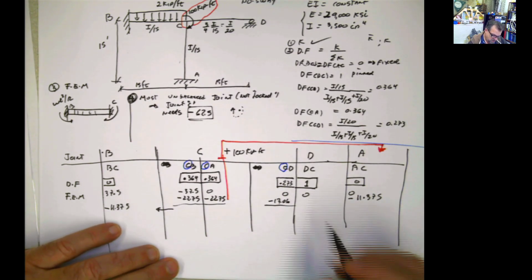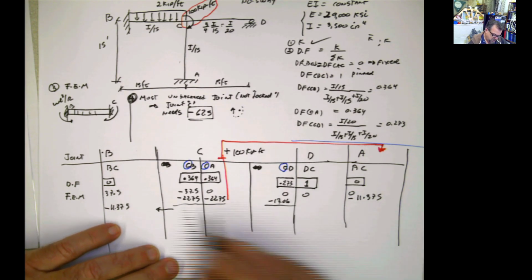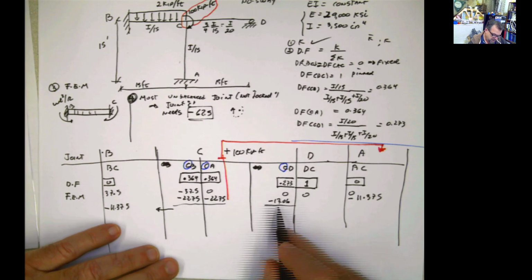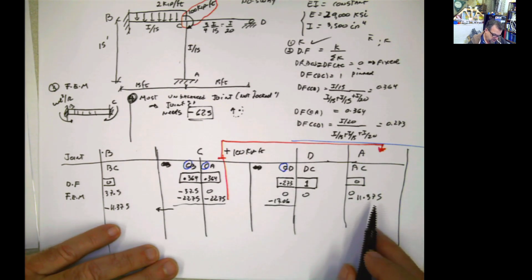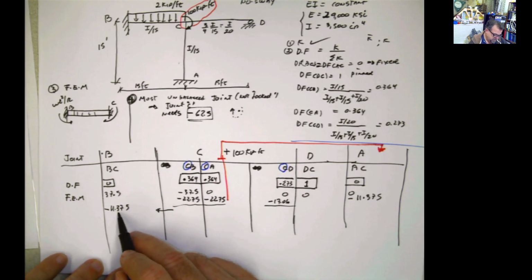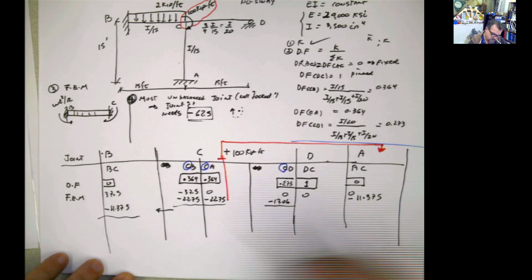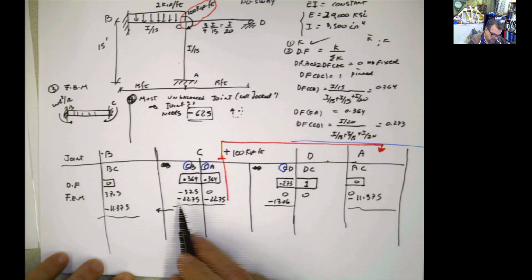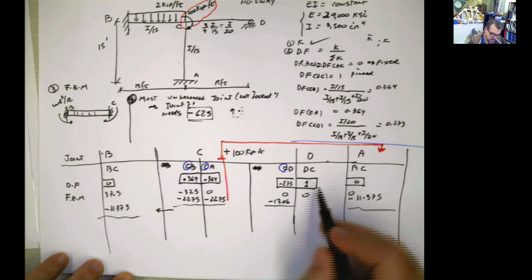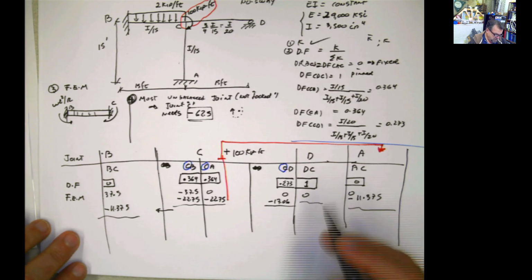DC is a 0, which is what's supposed to be. This joint is balanced, and AC is a fixed support, and BC is a fixed support. So there's nothing to balance here. Joint C is already balanced, and the moment here should be 0, which means it's already balanced too. So basically this is it.